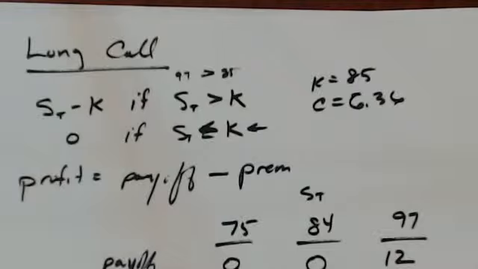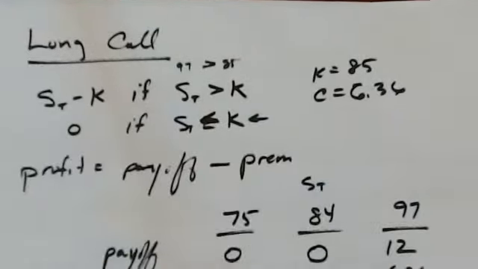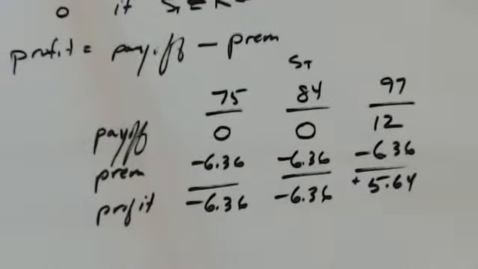We paid $6.36, and so we made $5.64 in profit. It should make sense: when you buy a call, the payoff should increase as the stock price rises, and your profits should increase also.